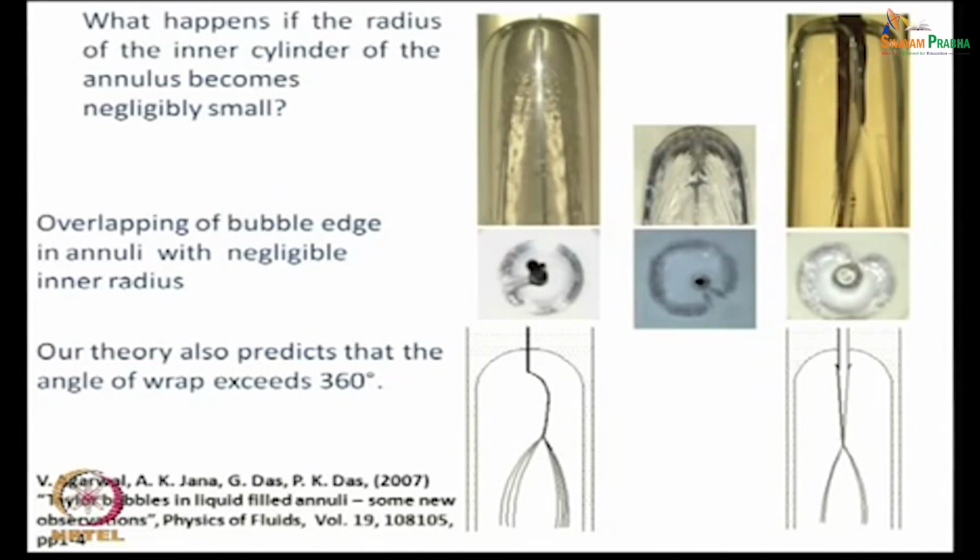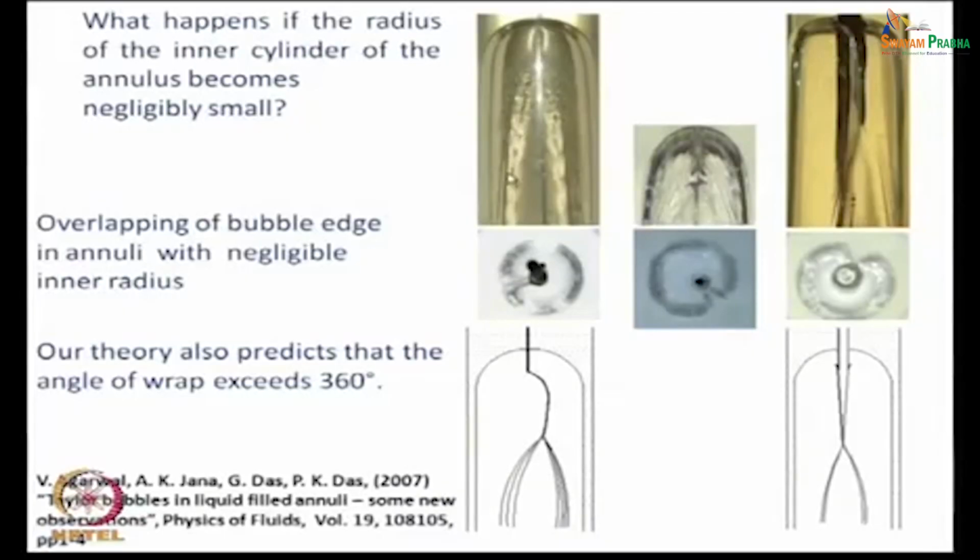Now, suppose the inner rod, we keep on making it narrower and narrower till it becomes a very thin wire. Are you able to picture the particular situation? Sure, all of you? So, in this particular case, what happens? As we make the inner rod smaller and smaller, we find that the two edges keep on coming closer and closer to one another.